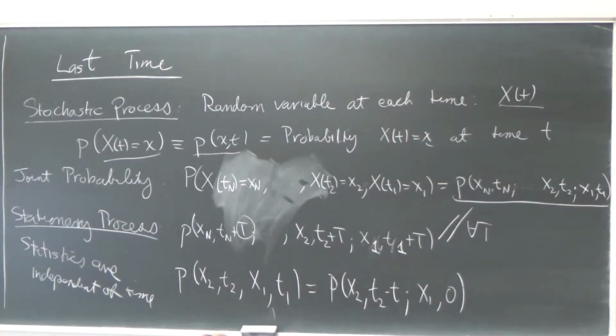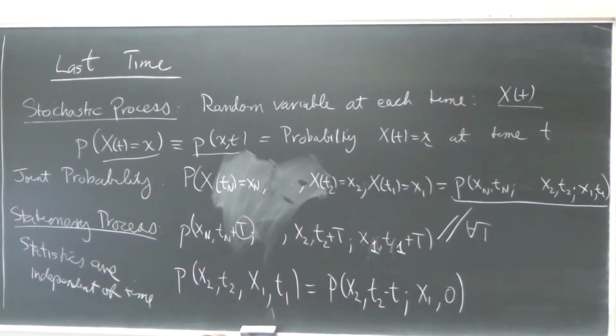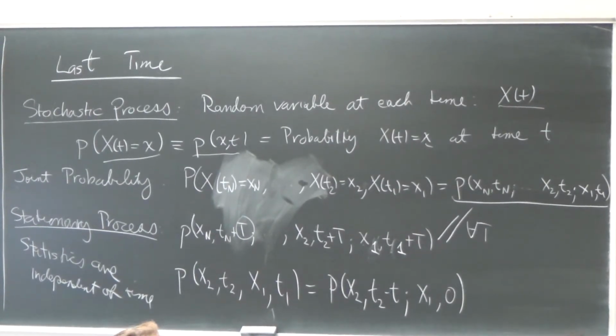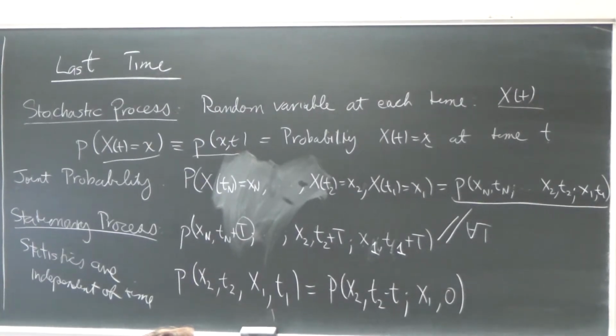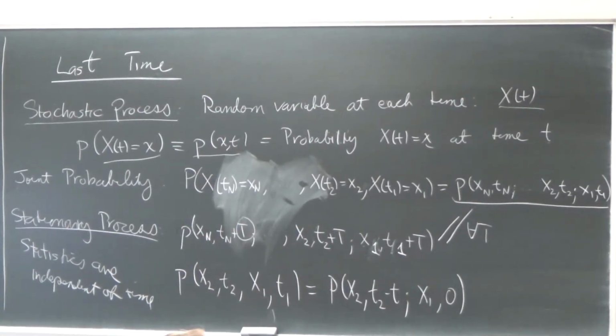So a stochastic process of that sort is said to be stationary. Not that nothing's happening as a function of time, it's that the way in which things fluctuate are the same kinds of fluctuations at all times.